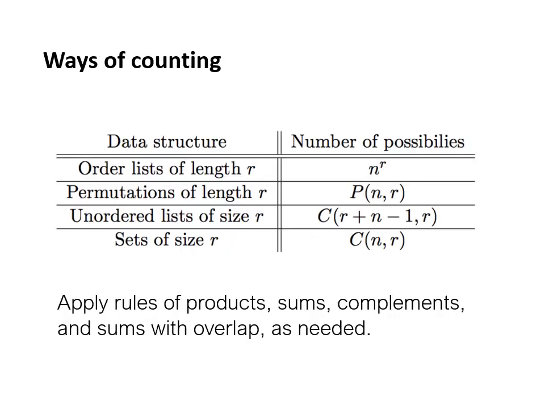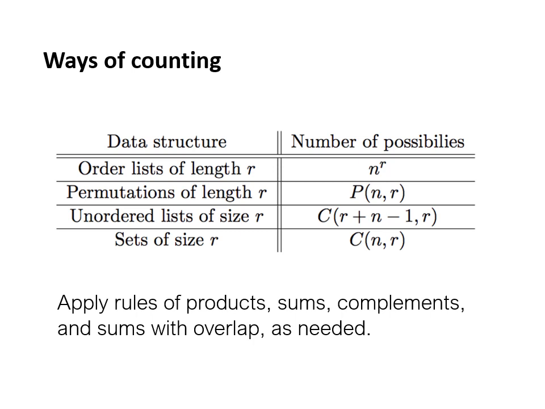Okay, to summarize all of this, here are ways of counting different structures. Ordered lists of length r, the ones that allow repetitions: the number of possibilities is n to the power of r. Permutations of length r: it's P of n, r.